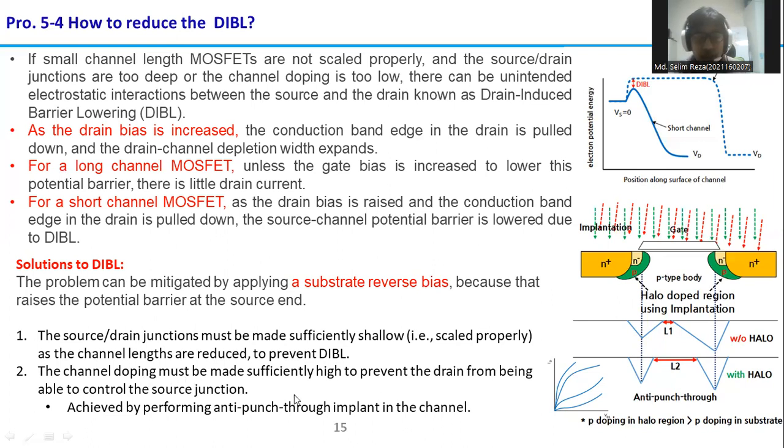Channel doping must be significantly high to prevent the drain from influencing the source junction. This can be achieved by forming an anti-punch-through implant into the channel. It's called halo, a halo doped region beside the lightly doped region. After that, this region is the green region. This will affect the drain induced barrier lowering phenomena.